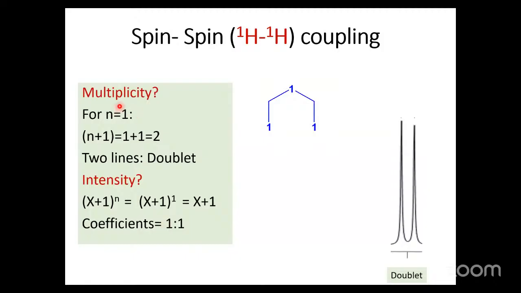So when n is equal to 1, that means the neighboring carbon has only one proton, then you get x + 1 and the coefficients will be 1:1. So both the doublets will have equal intensity.